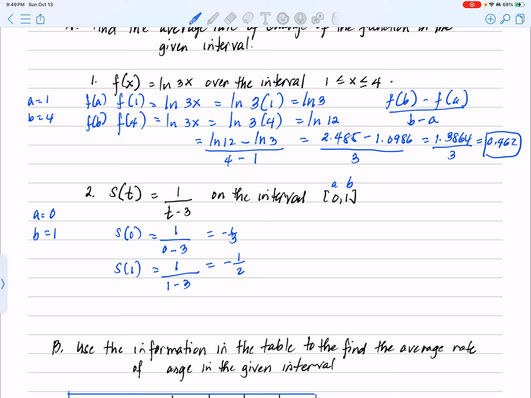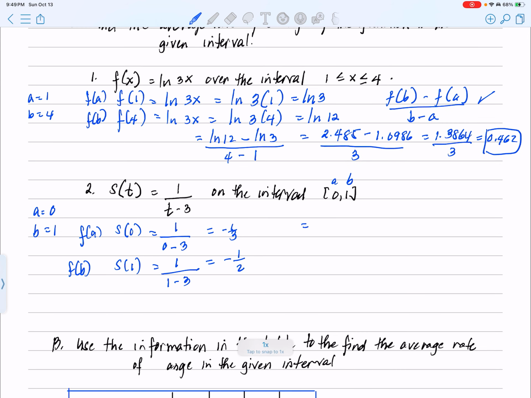Using the formula, this will be my f of b, and this is the f of a, when a is 0 and b is 1. The formula is the function of b minus the function of a over b minus a. So our function of b is negative 1/2 minus the function of a, negative 1/3, and then you divide by 1 minus 0.